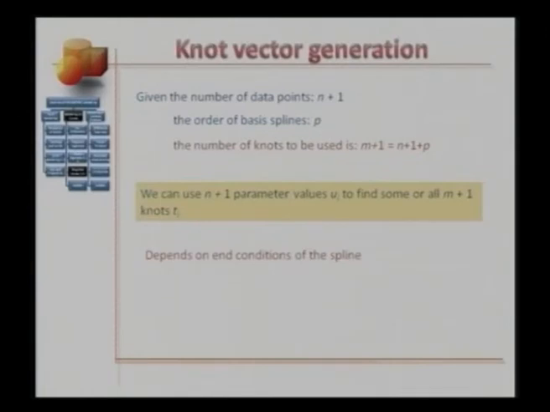Now, this would depend on the end conditions that you would prefer to choose for any spline at hand. Well, we can talk about unclamped splines, maybe those which are clamped at one end, or some which are clamped at both ends.